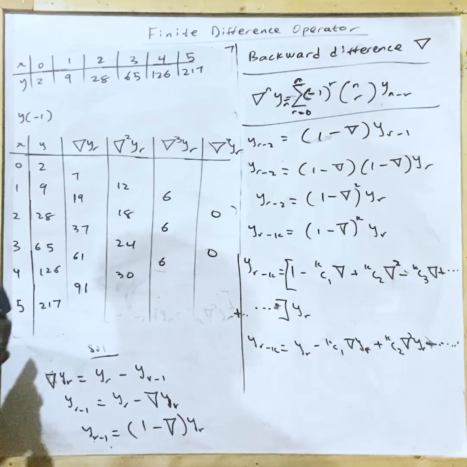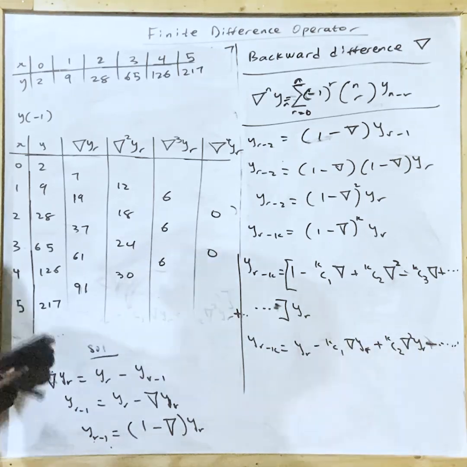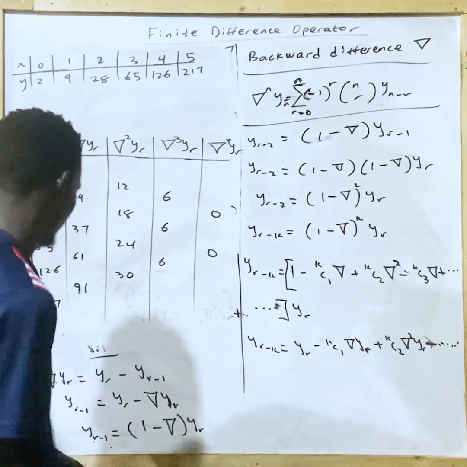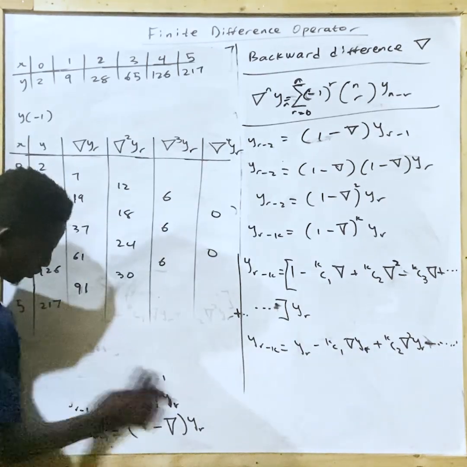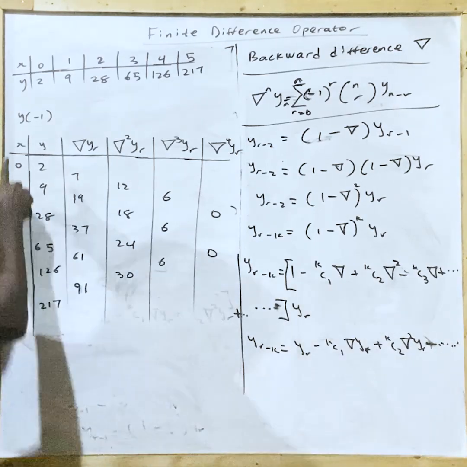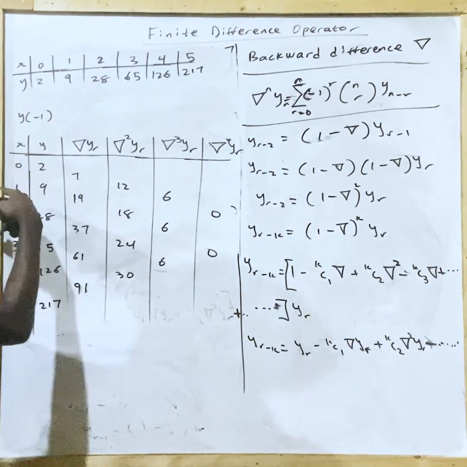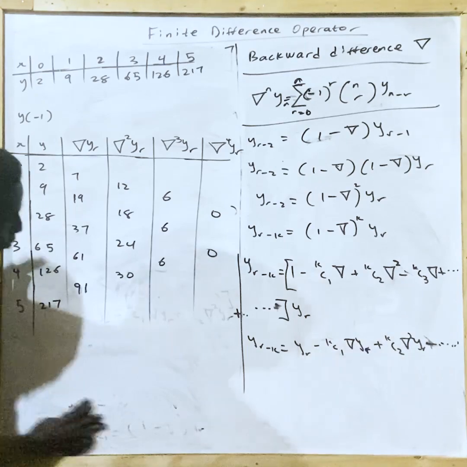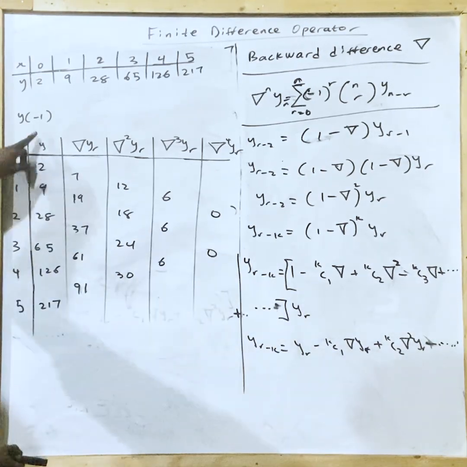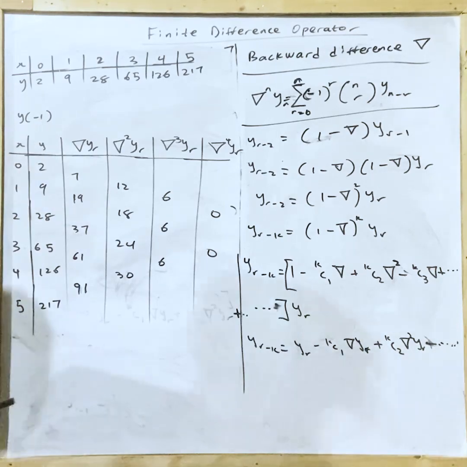Now that you have this table, you can apply this formula. How do we apply it? We want a value of x such that we'll be able to get y subscript minus 1.